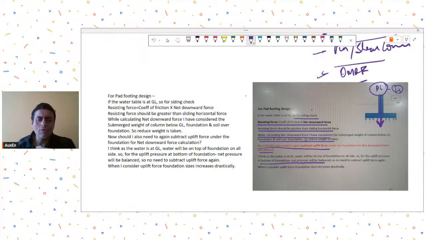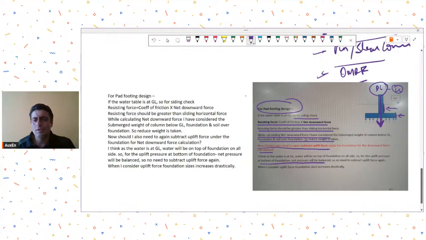But first of all, for a normal pad footing, which I'm supposing is for your building, why do you even think that sliding will be an issue? Why do you think sliding will be an issue for an isolated footing of a building column? Sliding should not be an issue in such cases. Water, if at all, is acting on such a small cross section area of your footing sides and column sides.